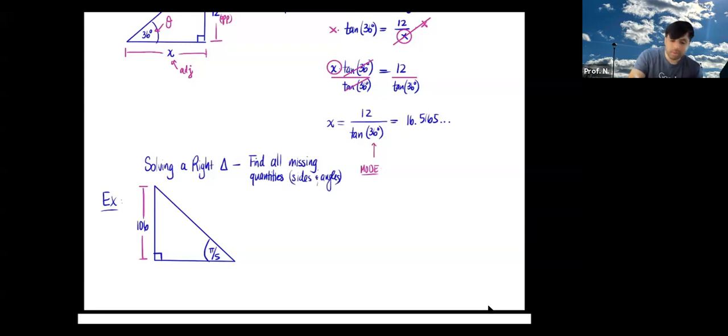So I am missing this side here. I don't know what this side is. And I'm also missing this side here. And I also am missing this angle here. So why don't we find the angle first? How do we find that missing angle?